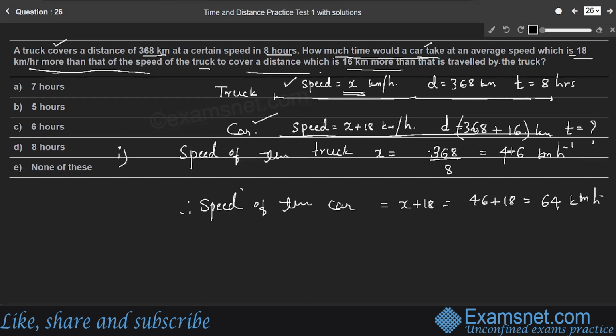So with this speed, to cover 368 plus 16 kilometers, how much time does the car take?